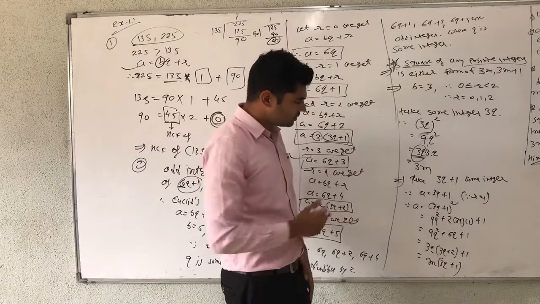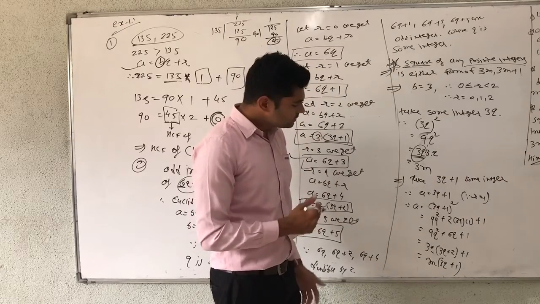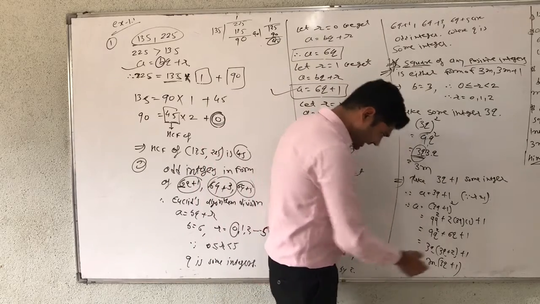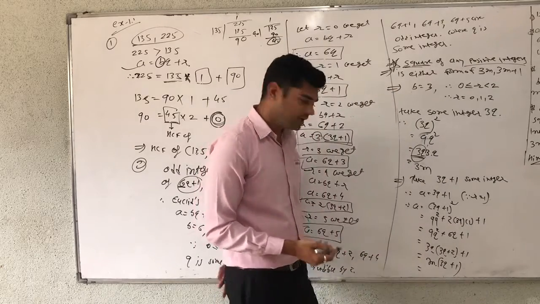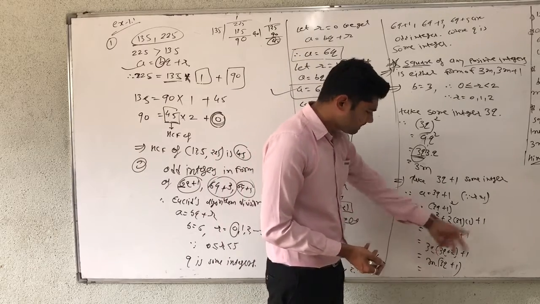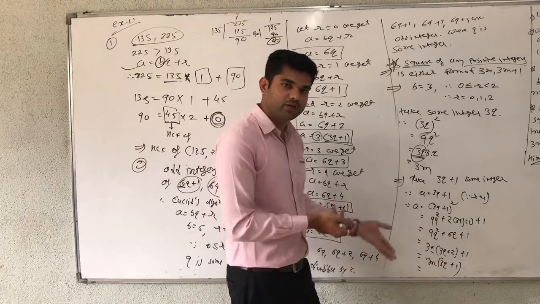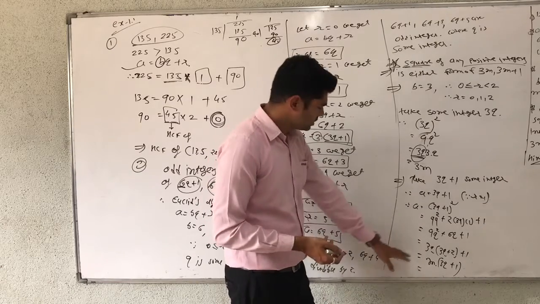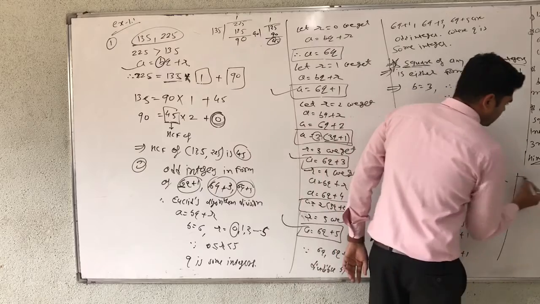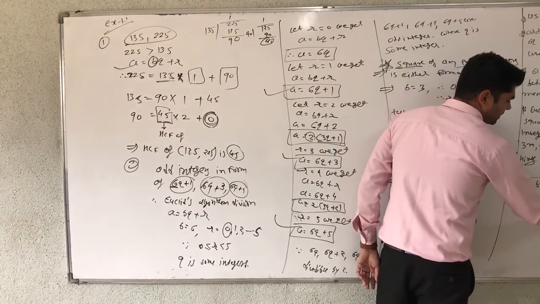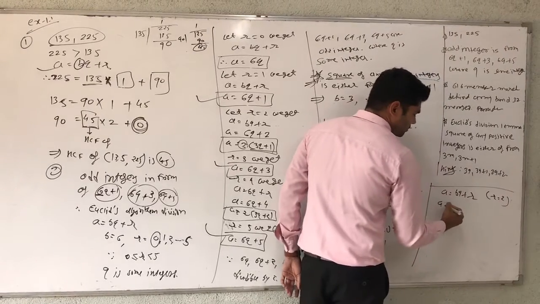It means all values we take as 3m plus 1. Only 3 is common, and you also get the answer 3m plus 1. Now last, a is equal to bq plus r, where r equal to 2.